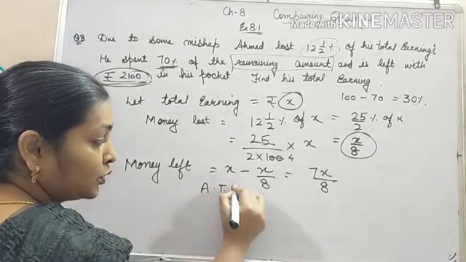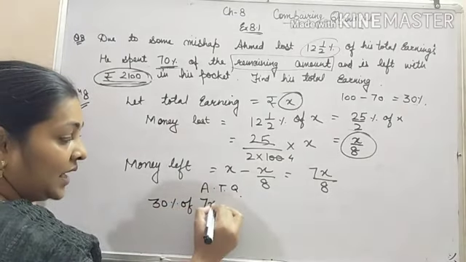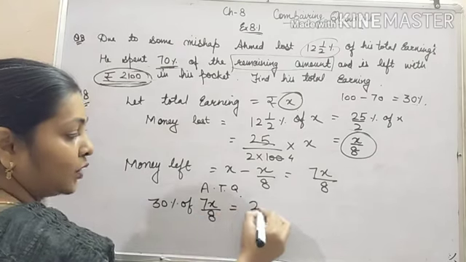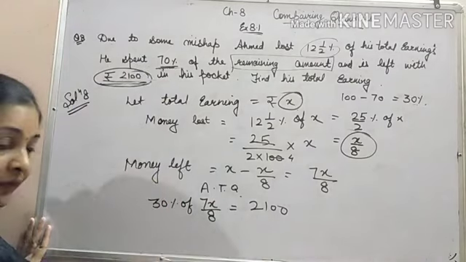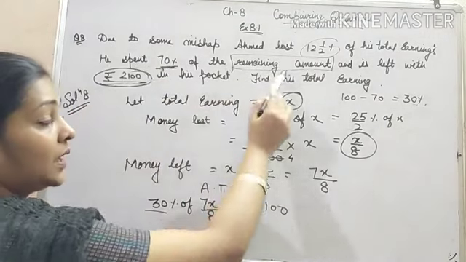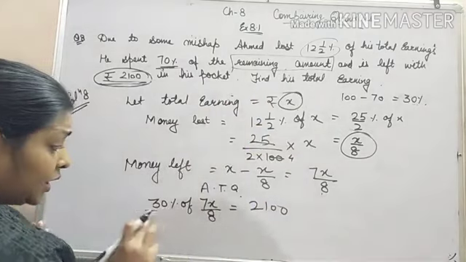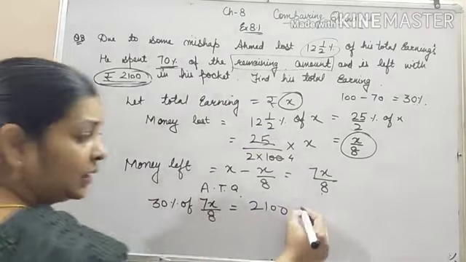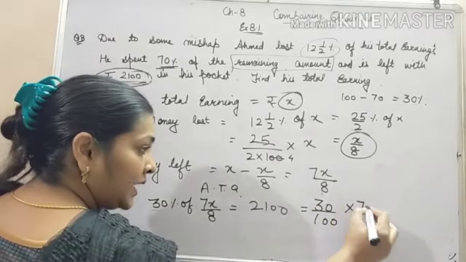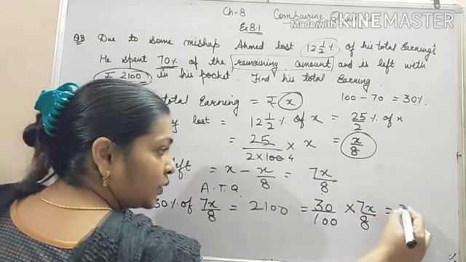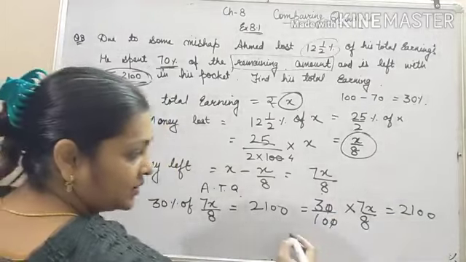Now according to the question, 30% of 7x by 8 is equal to 2100. 70% was spent, how much is left? 30% of the remaining amount. The remaining amount is 7x by 8. Now to remove the percentage sign, you divide by 100. Of means multiply. 7x by 8 is equal to 2100. Now this is a linear equation which you can easily solve.